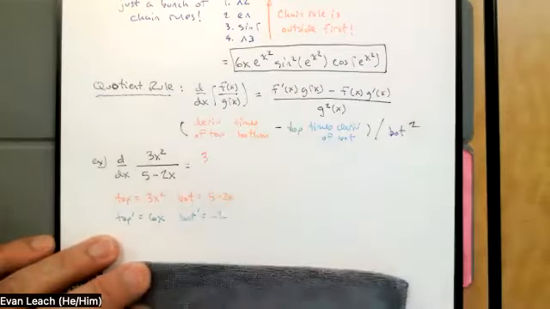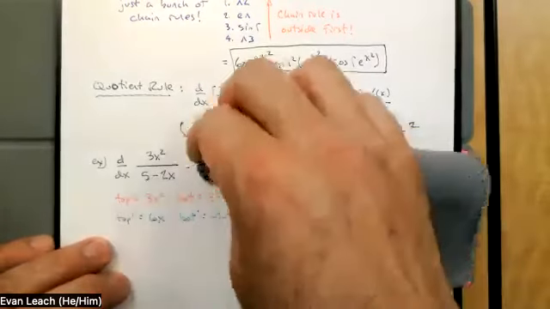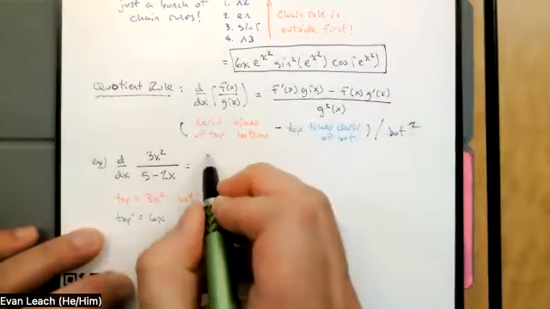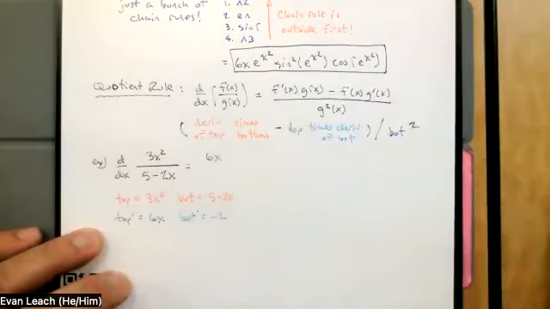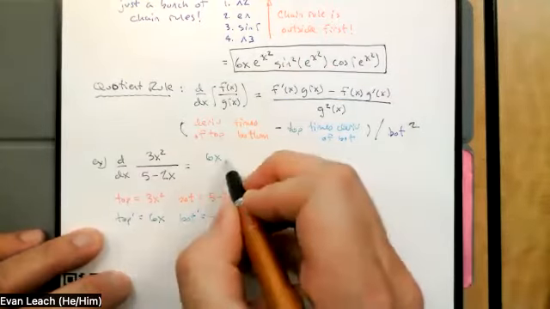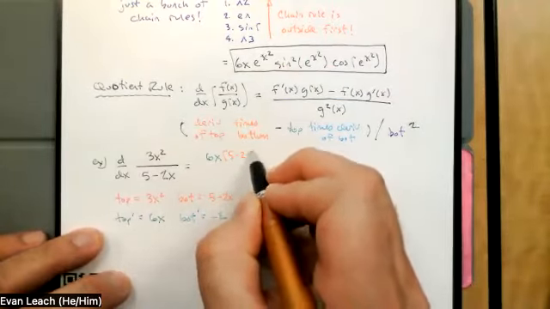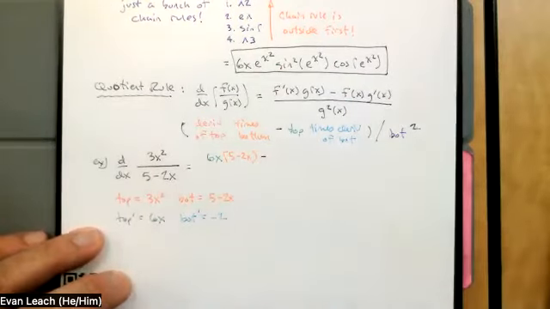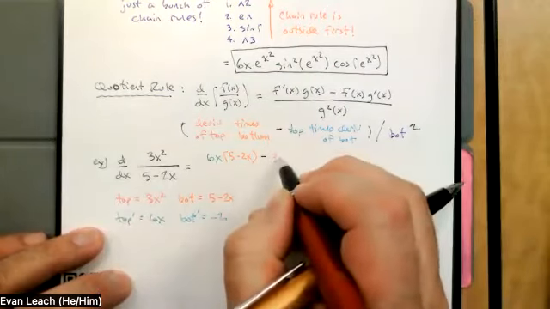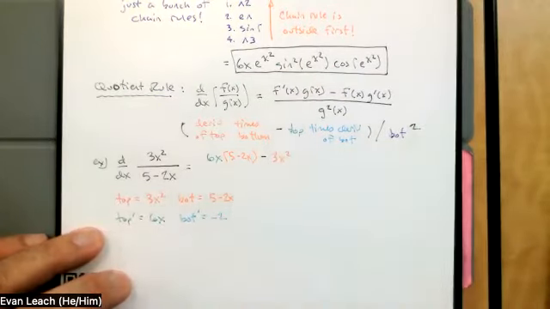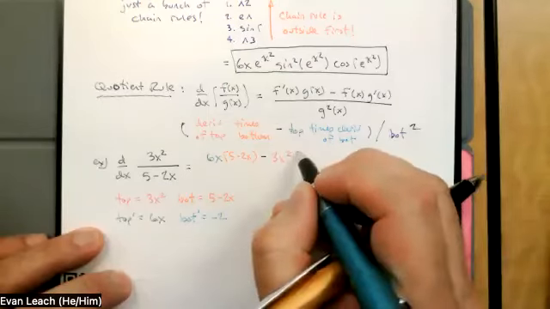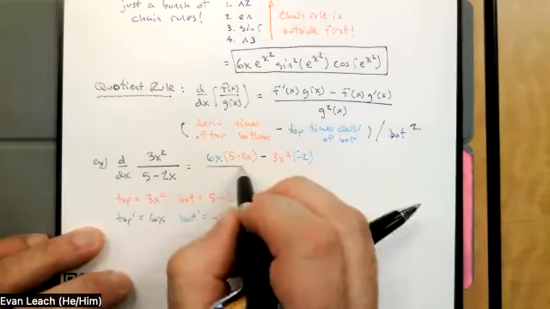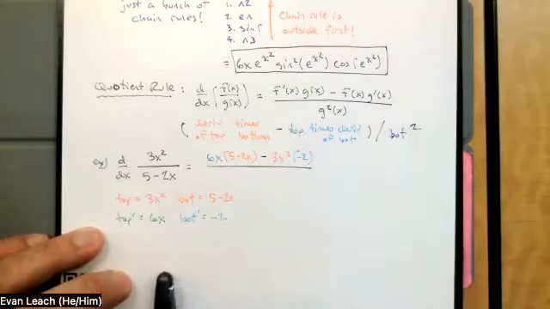So we take, oops, I need the derivative of the top times the bottom minus the top times the derivative of the bottom, all divided by the bottom squared.